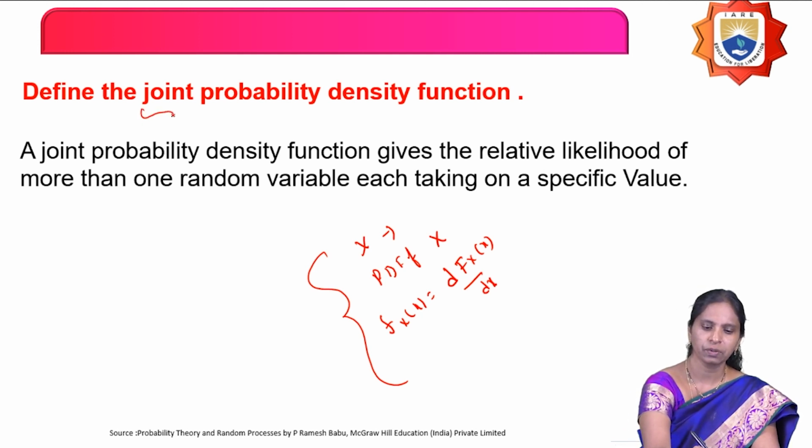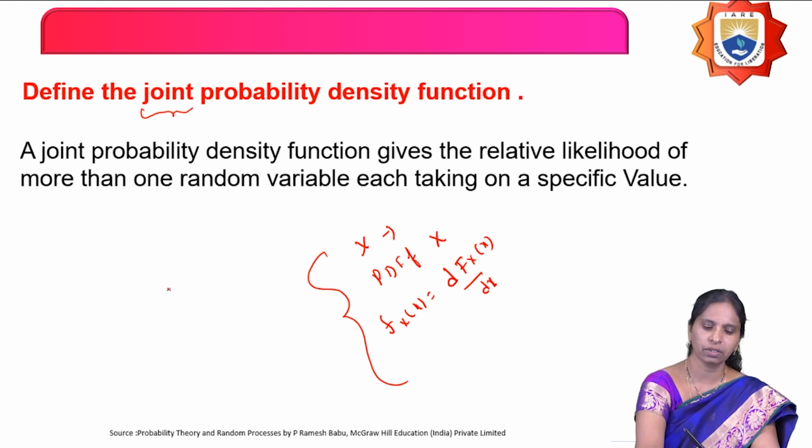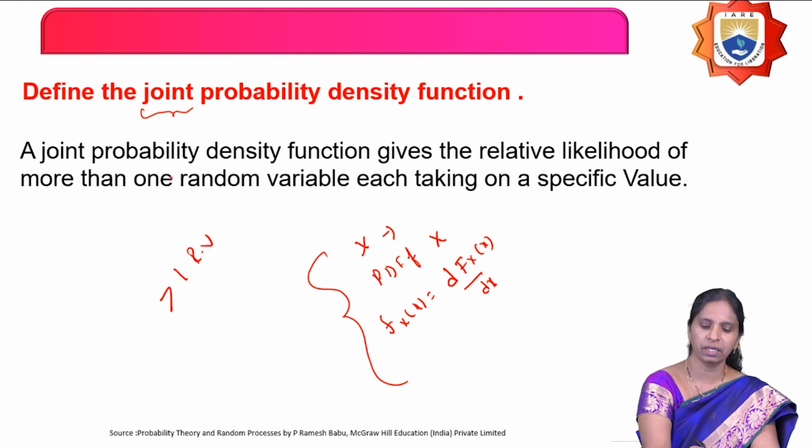So what is the definition for joint? Joint always means you have to consider more than one random variable. Then what is the joint probability density function? The joint probability density function is the probability density function for more than one random variable.